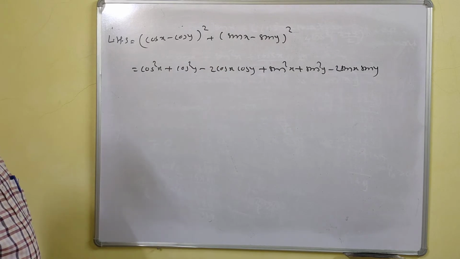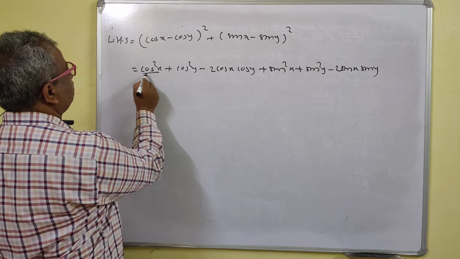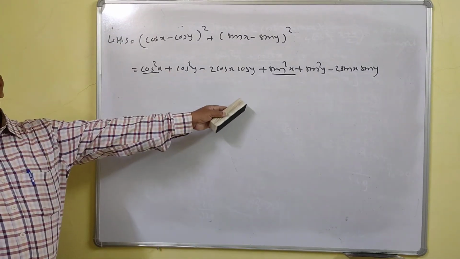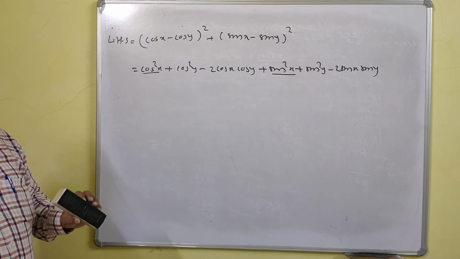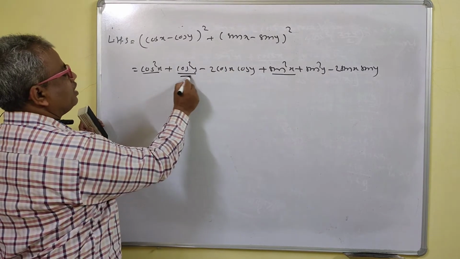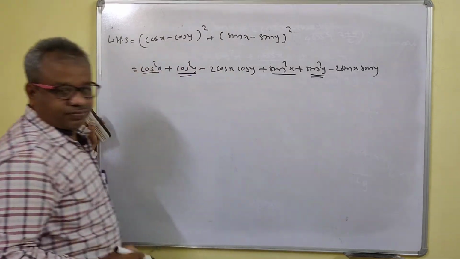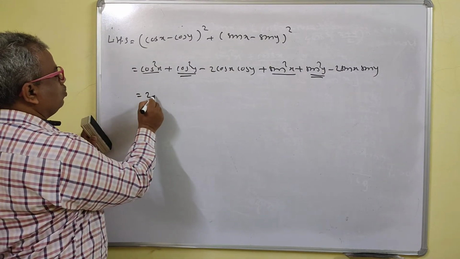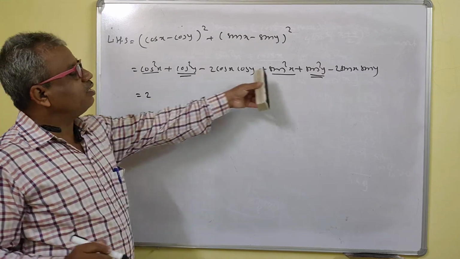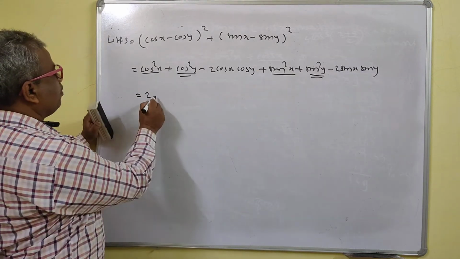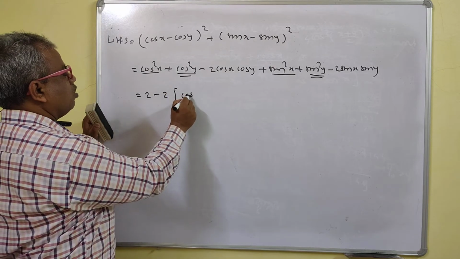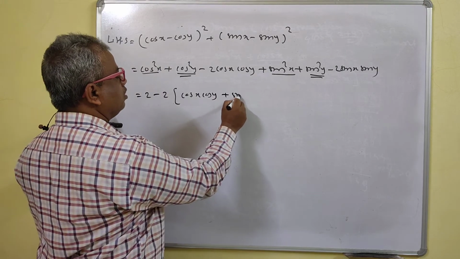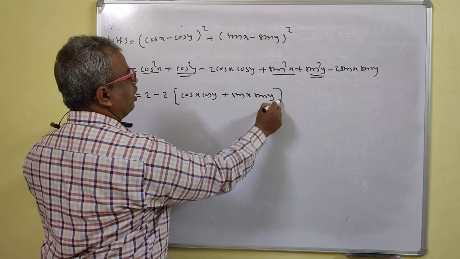Now see, cos square x plus sin square x, these two terms become a single term, that is 1. Again, cos square y plus sin square y is 1. So 1 plus 1 is 2 now. Then I will take minus 2 common from the rest: cos x cos y plus sin x sin y.